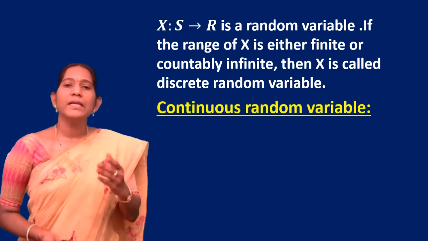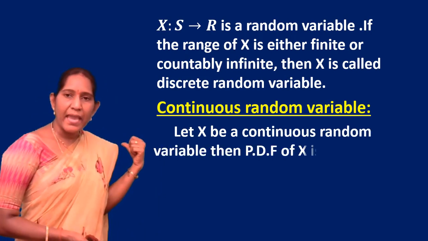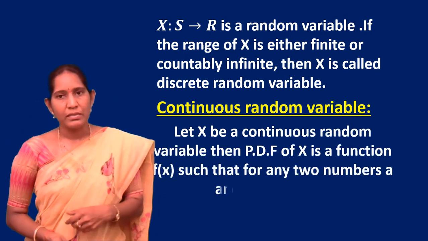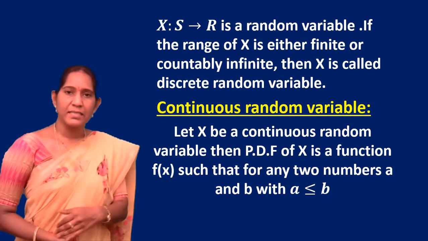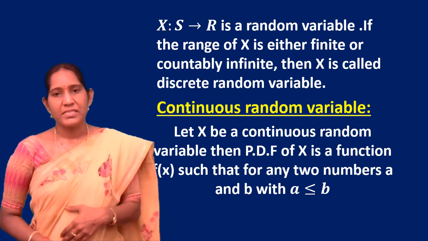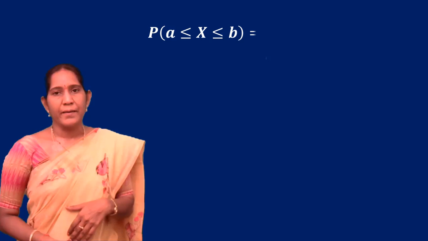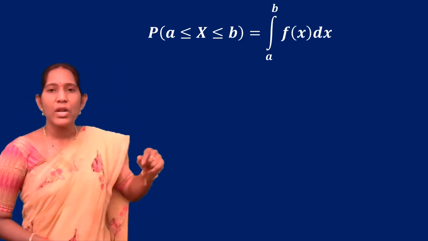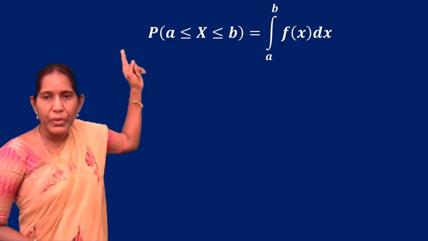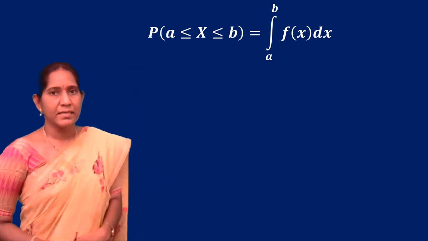Now, see continuous random variable. Let X be a continuous random variable. Then, the probability distribution function of X is a function f of x such that for any two numbers a and b with a less than or equal to b, p of a less than or equal to X less than or equal to b is equal to integral a to b f of x dx.